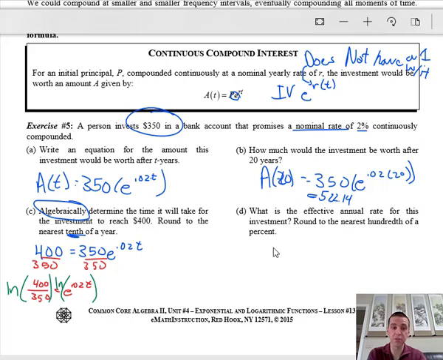When I take the natural log of both sides, remember the natural log and the base e to a number, or to a variable, the exponential function, are inverses of each other, and therefore we're left with ln of 400 over 350 equals 0.02 t. We're going to divide by 0.02, and let's go to our calculator.